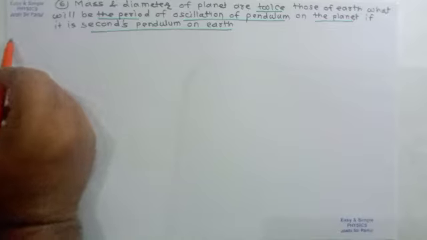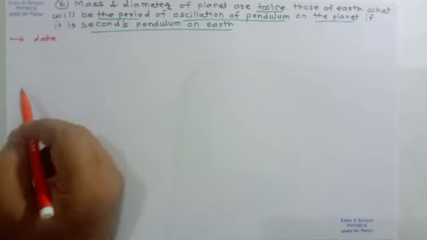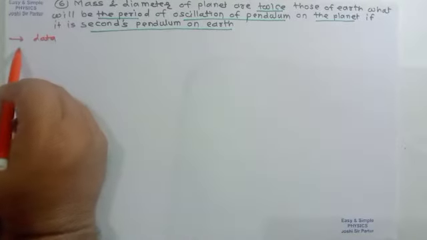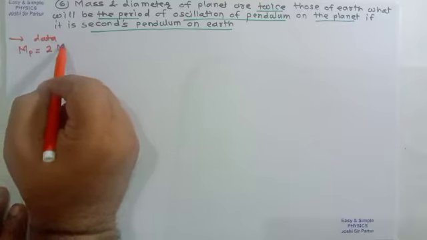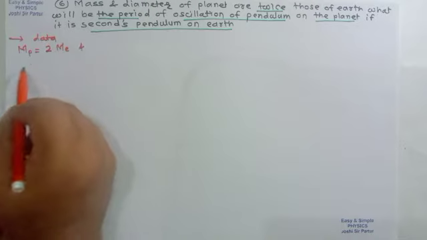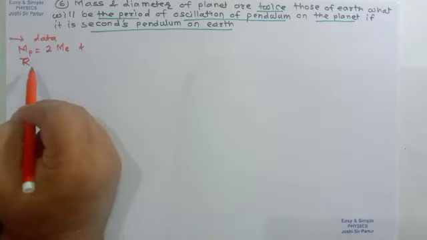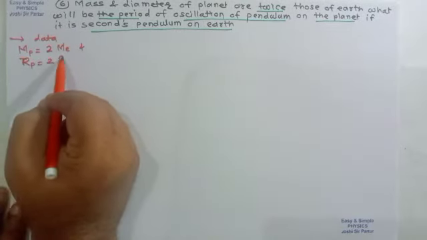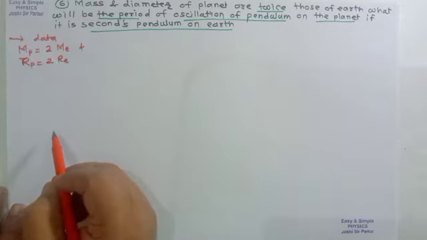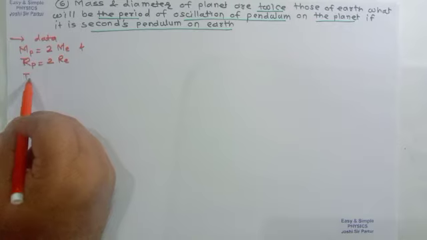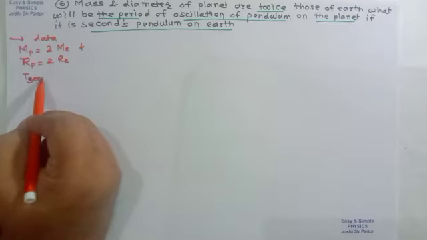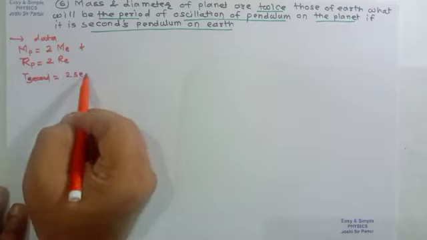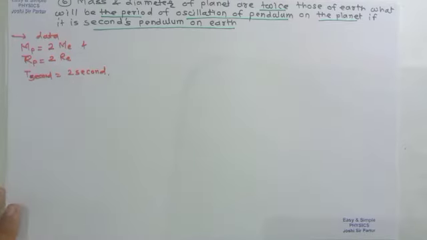Here data is given: mass and diameter of planet, means mass of planet will be twice mass of Earth, and diameter of planet means radius of planet is 2 times radius of Earth, and time period for second pendulum on Earth is 2 seconds.